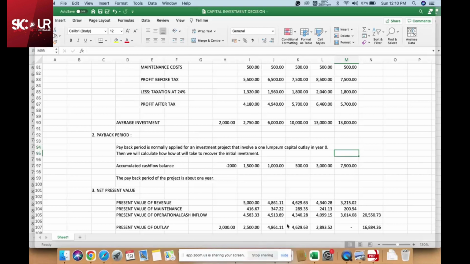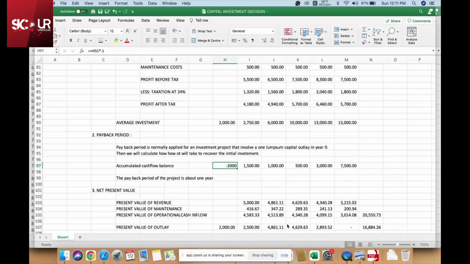But in our case here, the investment also occurs in year two, three, and four, so we need to take into account the investment every year and calculate the accumulated cash flow balance. The accumulated cash flow balance every year, taking into account the 2 million in year zero, will give you the payback period.